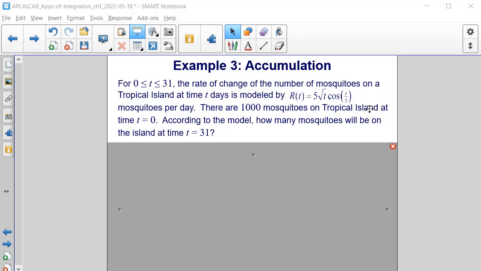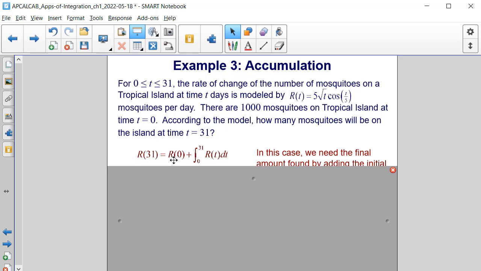In this case, we need the final amount, found by adding the initial amount, which is 1,000 mosquitoes, to an accumulated amount, which we're going to find using the integral. So we're going to have the initial amount plus the integral from 0 to 31 of r of t dt.